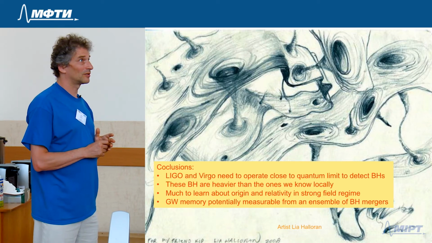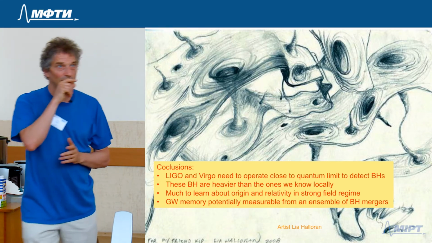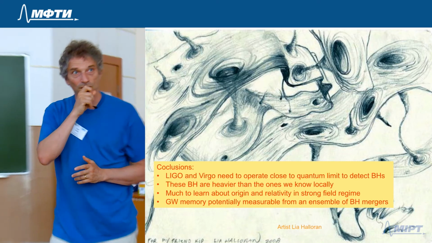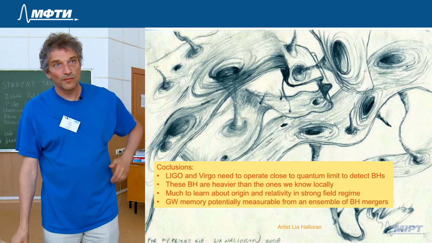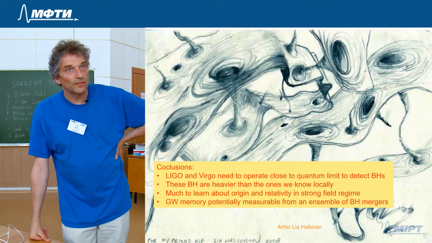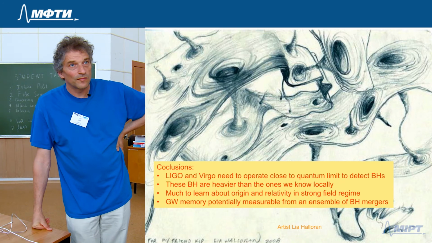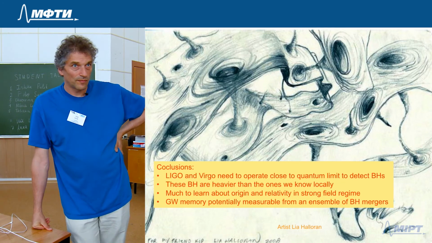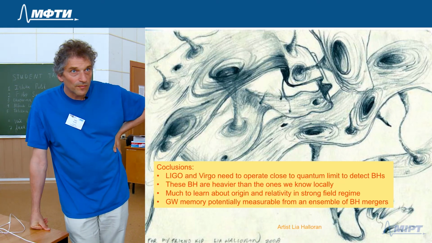Other questions? Just a curiosity about memory. Wouldn't you expect, like in a quantum system, that after a while there would be a sort of decoherence of the strain due to the gravitational wave memory?